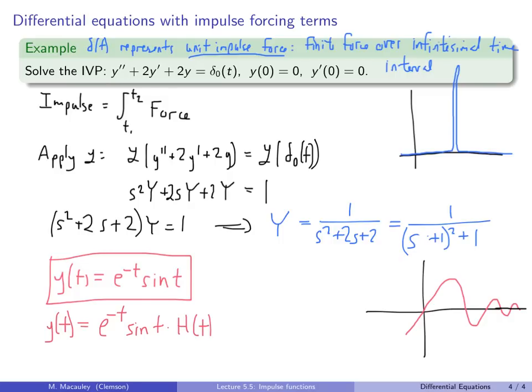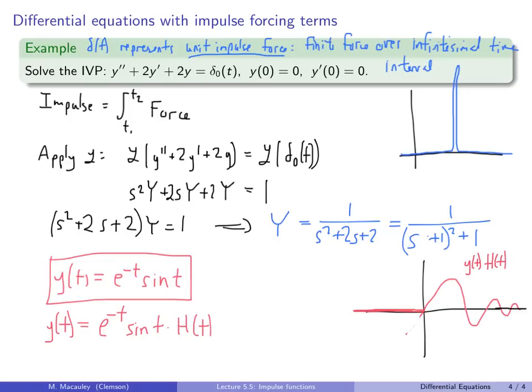When we took the Laplace transform, we did it of the delta function, so we really should have done it of the delta function times the Heaviside function. The Heaviside function is always there. So we don't want to count this stuff down here. Instead, this is y of t times h of t, so that makes it 0 here.